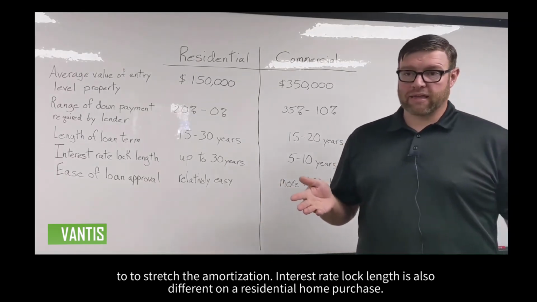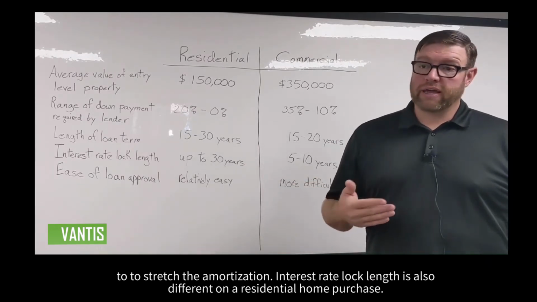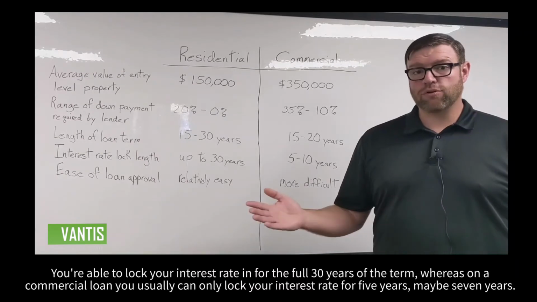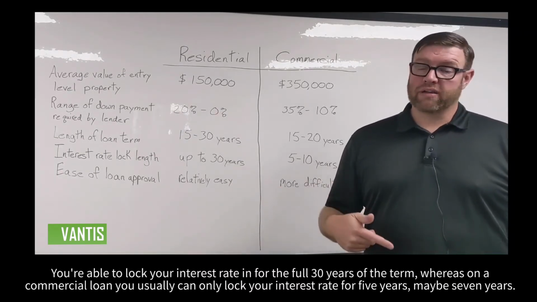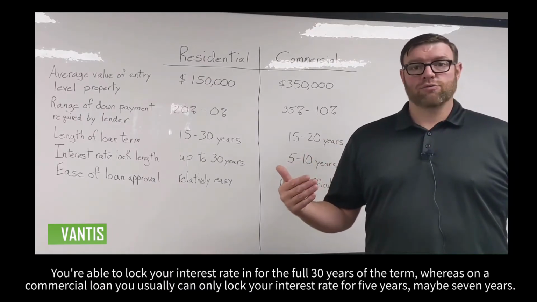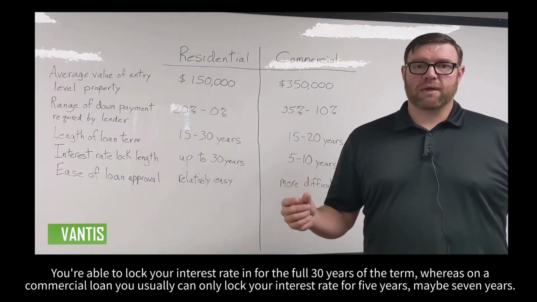Interest rate lock length is also different. On a residential home purchase, you're able to lock your interest rate in for the full 30 years of the term, whereas on a commercial loan, you usually can only lock your interest rate for 5 years, maybe 7 years.